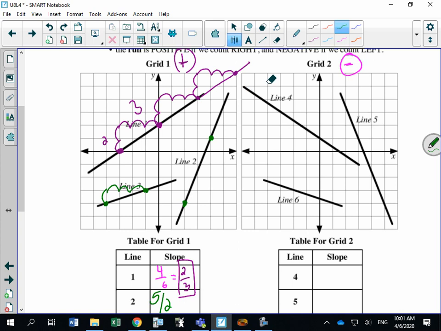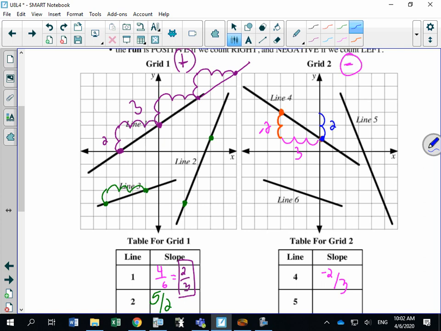So if I was to do line segment 4, I'm going to go, that's a good point, and this is a good point. Now, I am falling 2, and a fall is a negative move, and then I'm running 3, and that's a positive move. So negative 2/3. I could have gone the opposite. I could have started here and said I'm going to rise 2.